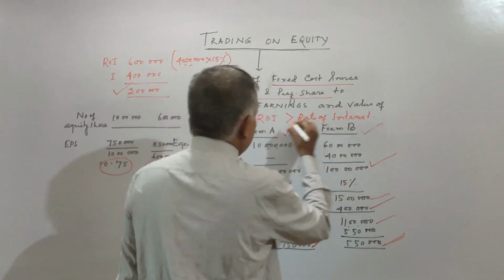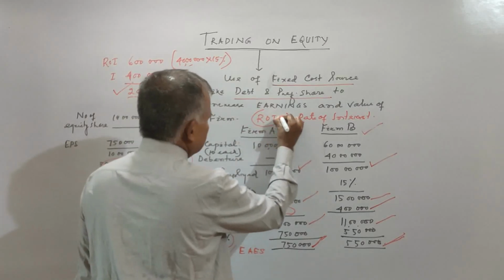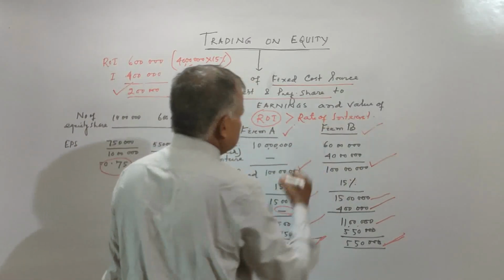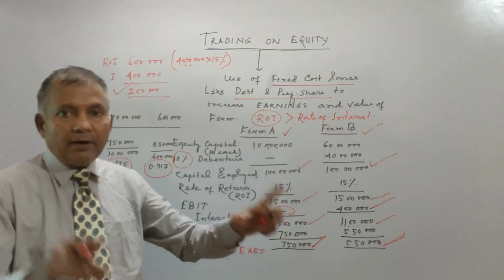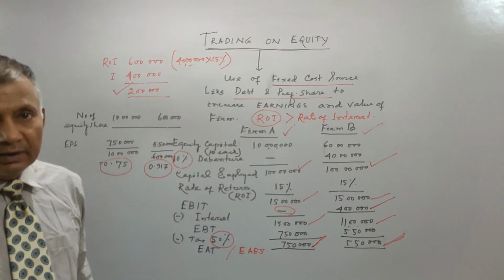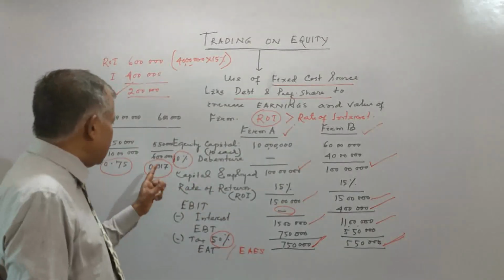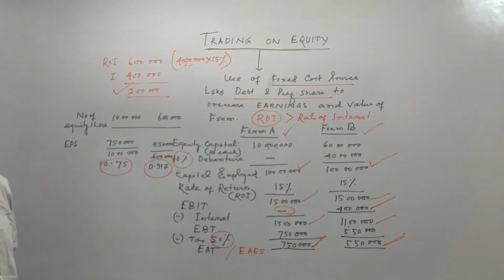Return on investment is 15%. Rate of interest is 10%. Therefore, there is a gain of 5% and it increases the EPS.